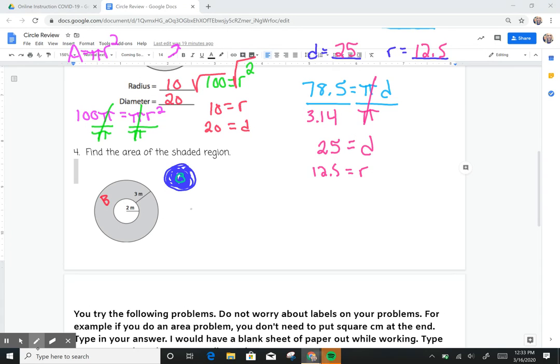I labeled it B. We're going to do this one in red. So for B, we know area is pi r squared. So I know I'm going to multiply by 3.14. Let's find r, right? Well, I know this is not r. A radius has to go through the center. So if here's my center, let me make this dot.